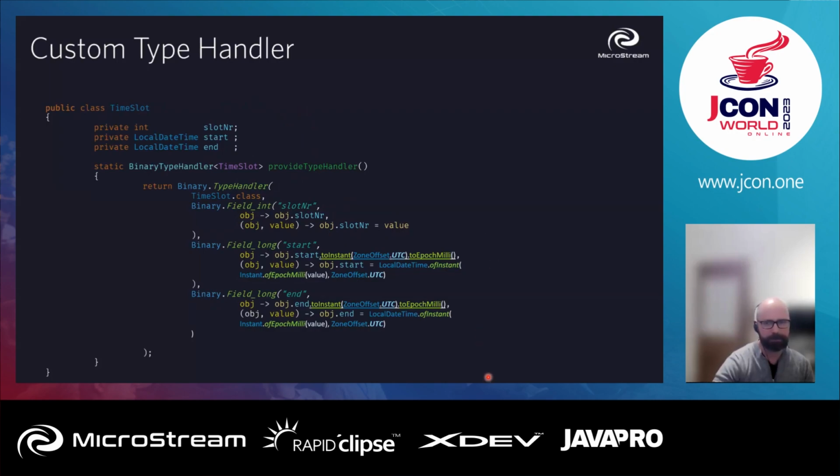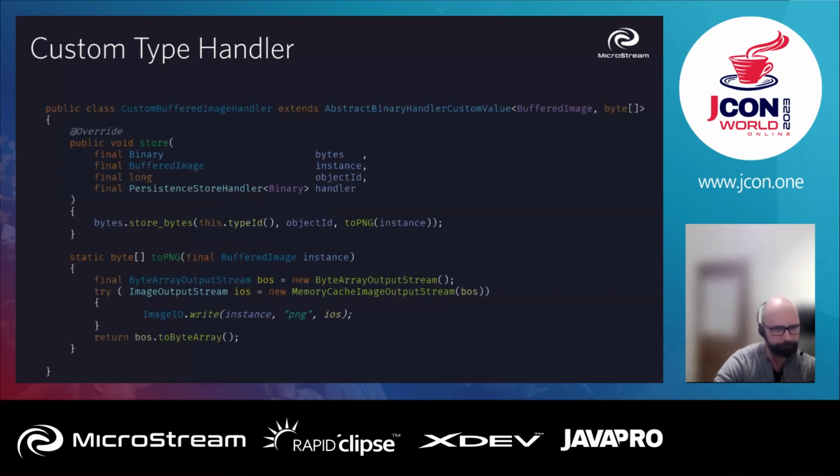All right, so that's one way to do it with the factory method, or we can use external handlers and register them before we create the serializer instance. Let's say we want to create a type handler for a JDK class, like the buffered image. We want the buffered image to be encoded as a PNG file when it's serialized. So we extend a binary handler with a custom value.